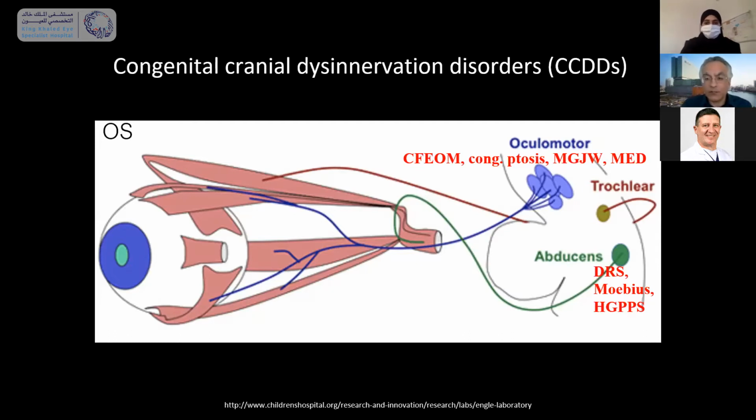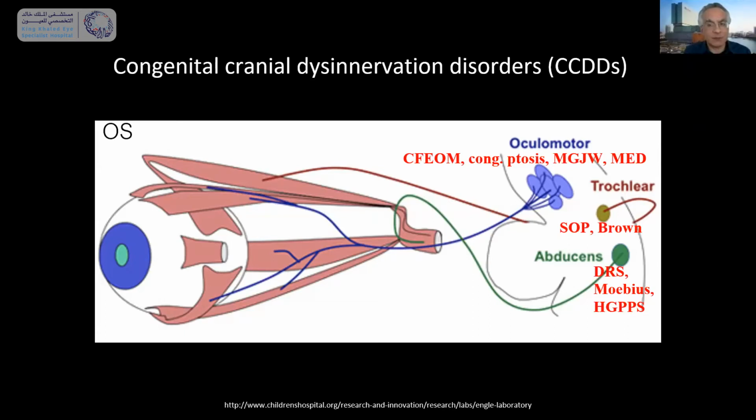Then moving on to the trochlear nerve, again, things that maybe we don't think about as CCDDs, but we should be. Superior oblique palsy and even Brown syndrome. I mean, superior oblique palsy, very often in congenital superior oblique palsy, you have a floppy tendon. And just like we used to think CFEOM was a primary problem with the muscle, we can understand how if you have a dysinnervation, secondarily, the muscle becomes abnormal, the tendon becomes floppy.